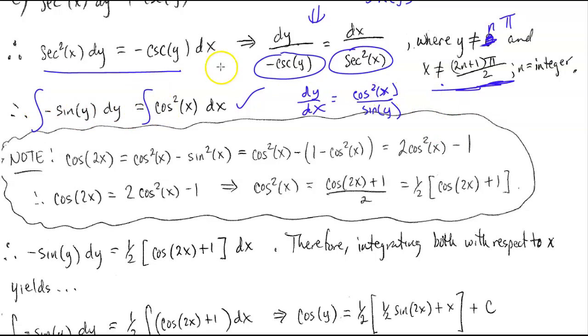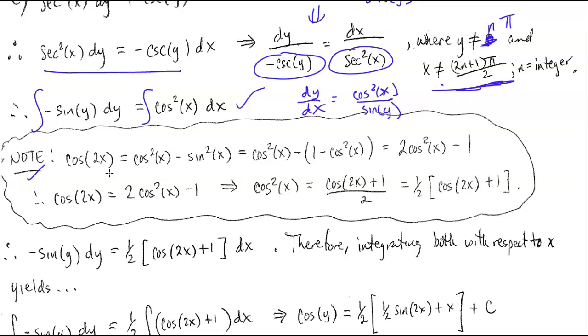The issue here is that with cosine squared, we don't have a direct way to take the antiderivative of cosine squared. So what we end up doing is using some of our trig identities, and that's what this is for. In particular, we want to use one of the many trig identities for cosine of 2x to get it into a form where we can actually take the antiderivative of it.